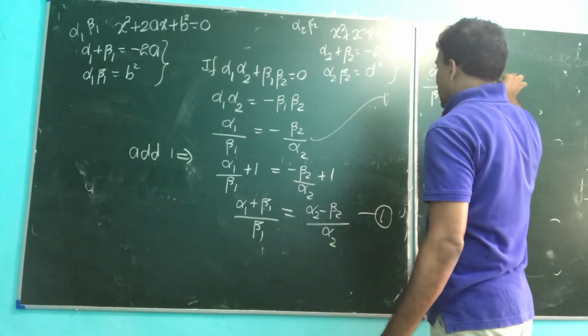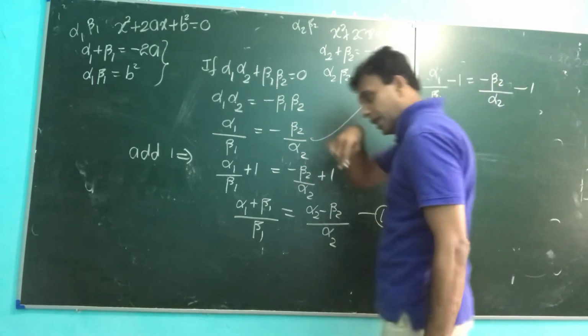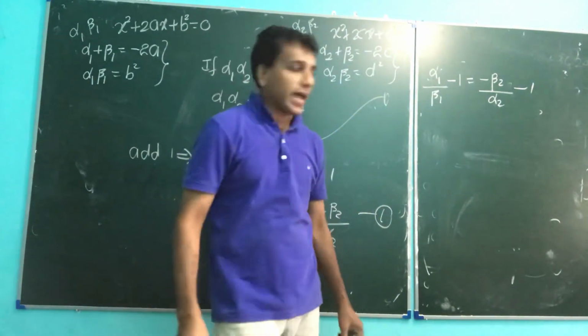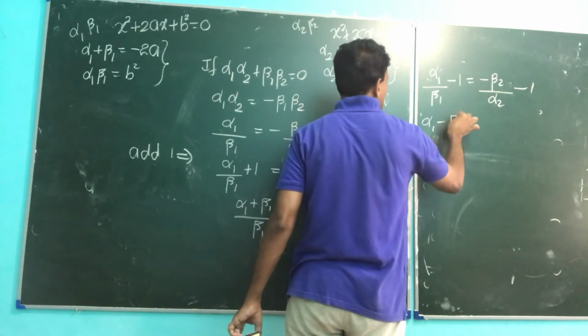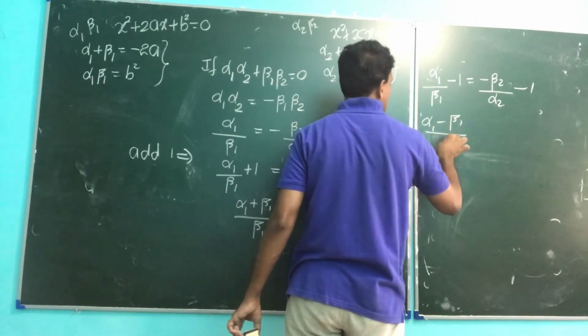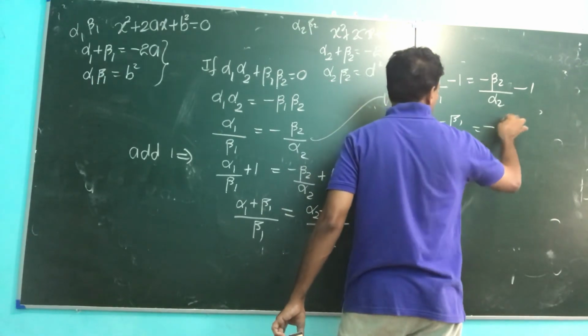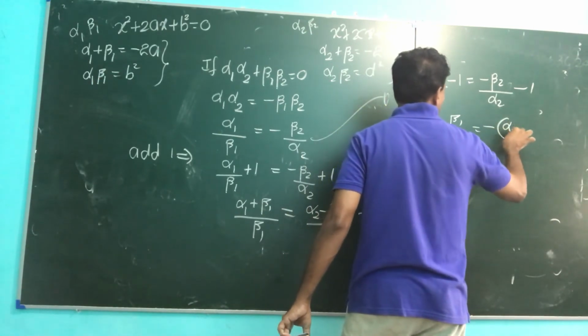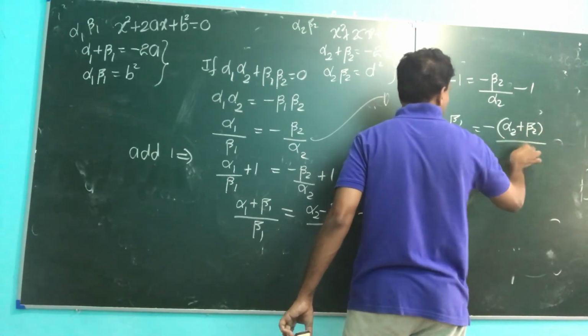Minus beta 2 over alpha 2 subtract 1. Okay. Then what happened? Alpha 1 minus beta 1 over beta 1 equal to what? Can I take the minus out? Alpha 2 plus beta 2 over beta 2.